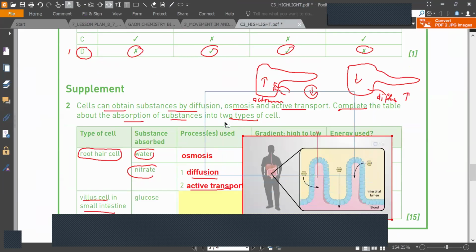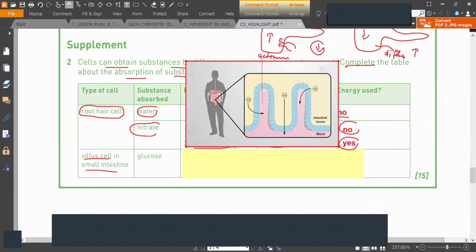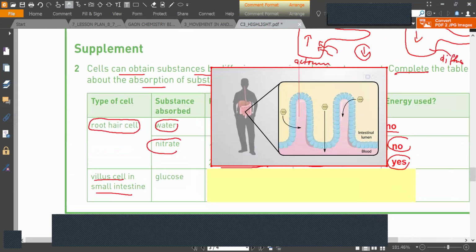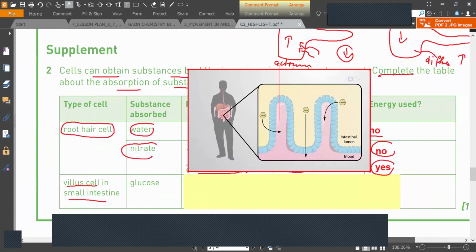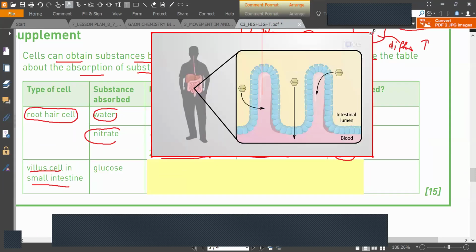So how does it happen? It is two situations as what we mentioned just now.